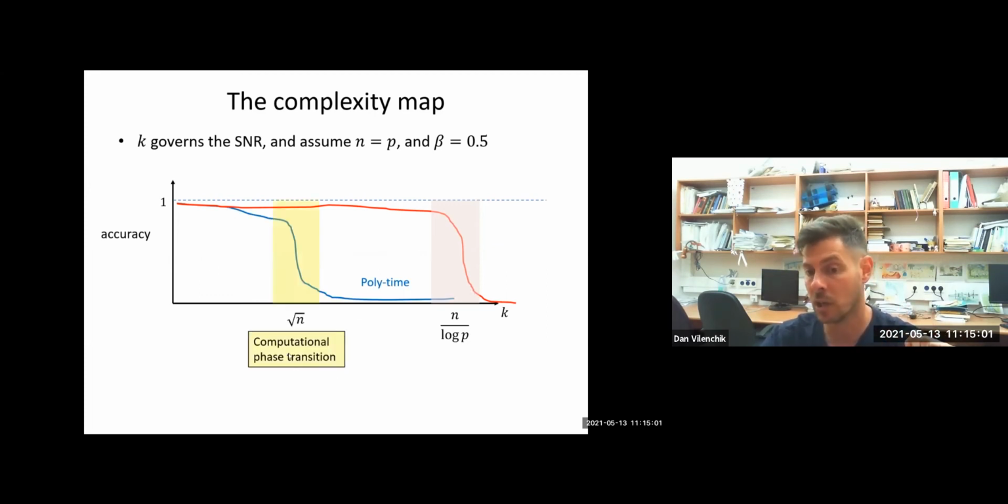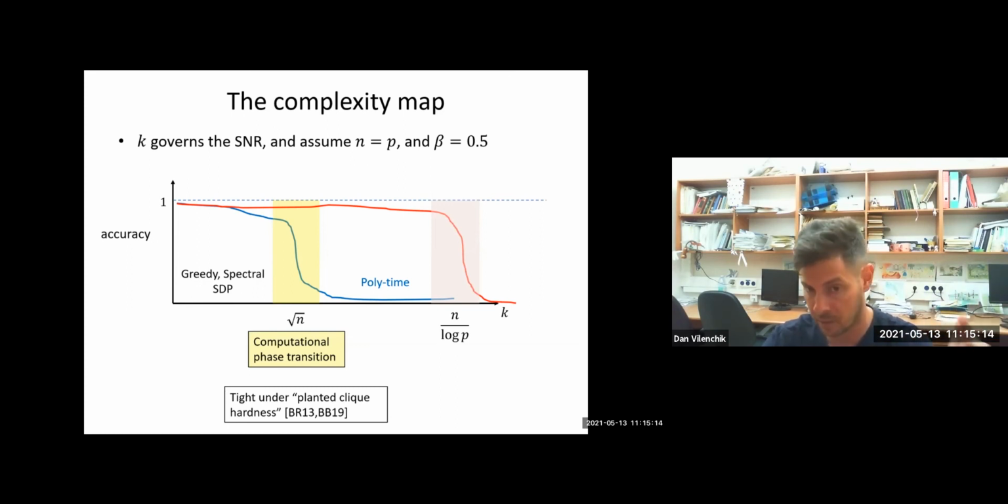Another thing is a computational phase transition, which means that polynomial time algorithms, which were analyzed in the single spike model, the diagonal thresholding, that's the simple greedy algorithm, spectral algorithms, semi-definite program relaxation, the lasso, all of them were analyzed up to this SNR regime, K equals square root n, or on the order of square root n. And beyond this regime, no polynomial time algorithm is known to succeed. And this phase transition is tight under the planted clique hardness.